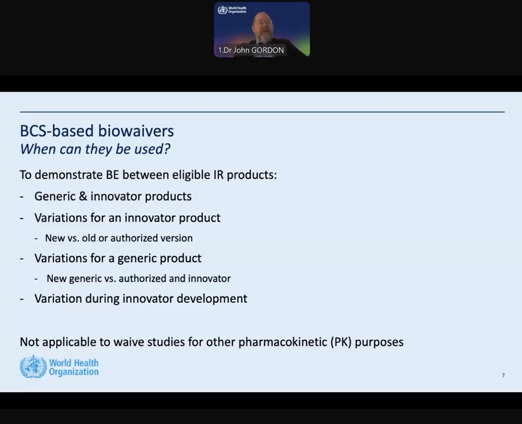For example, variations for an innovator product within its product life, or during product development prior to marketing authorization. It's possible for an innovative development program to use a BCS-based biowaiver to make a connection between an earlier version of the product and a later version of the product. And of course, later on, a BCS-based biowaiver can be used for variations of a generic product as well.